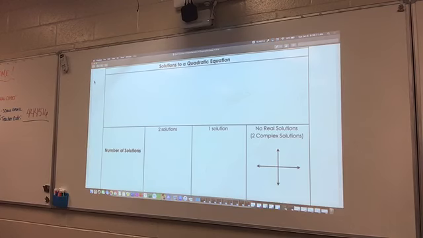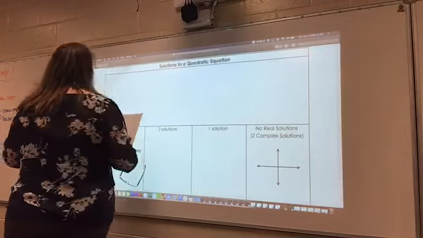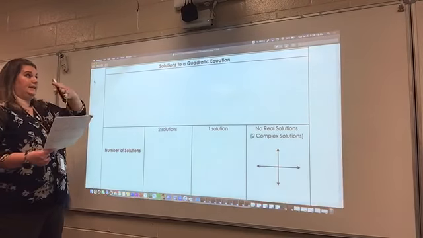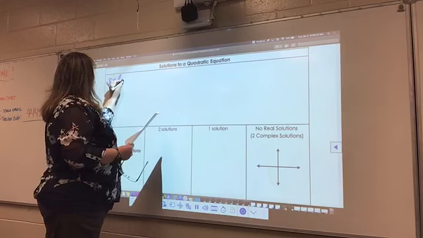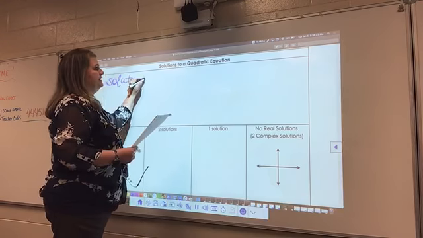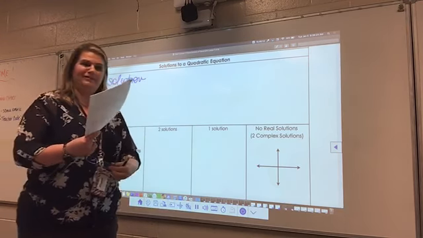Okay. All right. So solutions to the quadratic equation. This is getting into what we were just talking about.